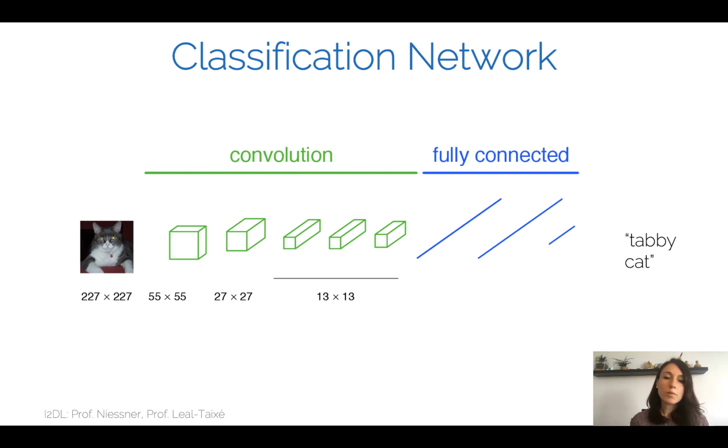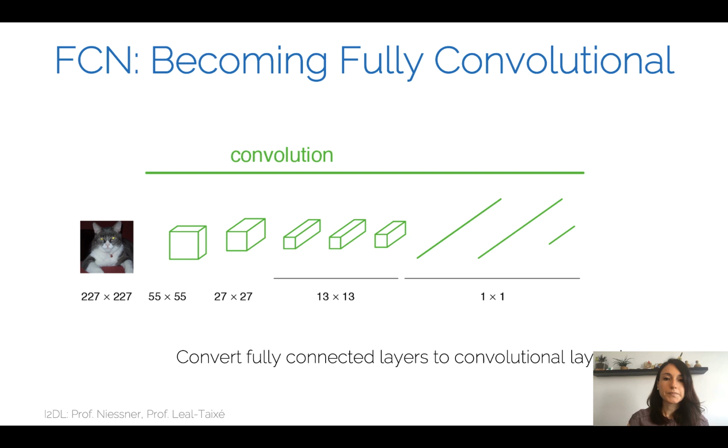Starting from LeNet, going to AlexNet, we always had these last fully connected layers that took the activation map, the feature map, from the convolutional layers and turned it into a classification result. For example, there is a cat in this image. And there was always this set of fully connected layers.